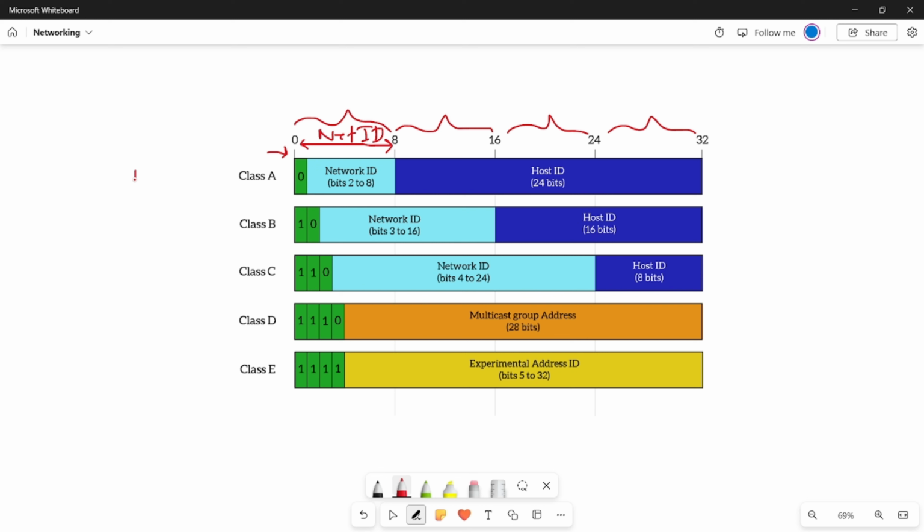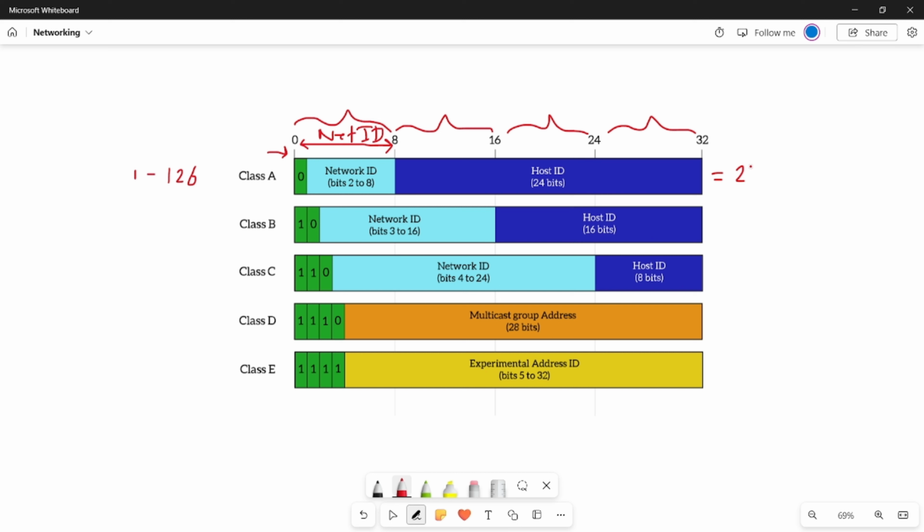We can also easily find it by remembering the range of class A IP addresses. The range in class A is 1 to 126. If the first block of the IP address contains a number in the 1 to 126 range, that means it is a class A IP address. So we can use all these host IDs for our subnetting purposes.